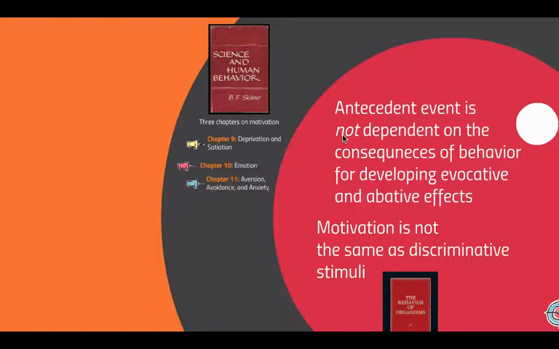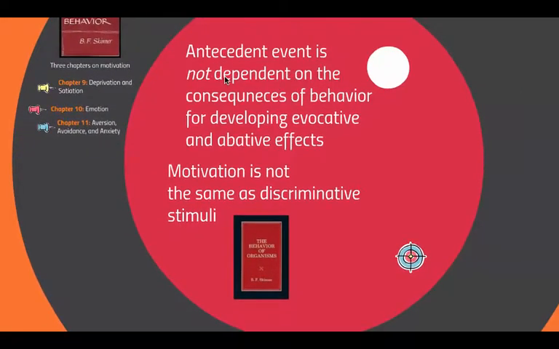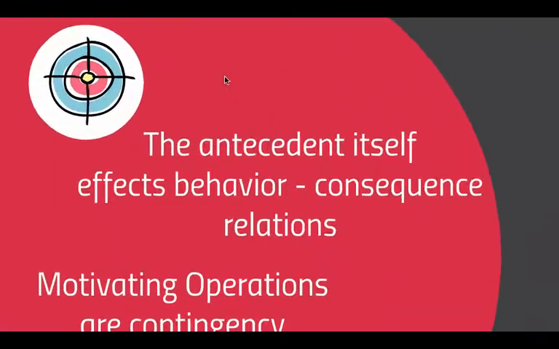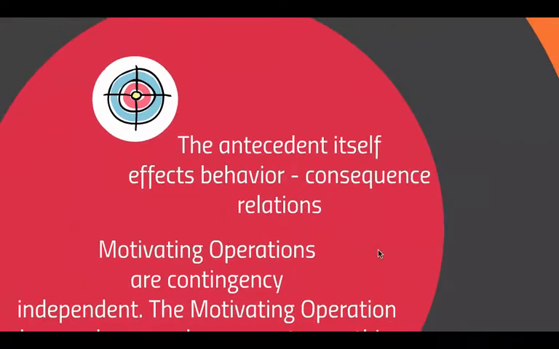One is referred to as deprivation and satiation. It's from chapter 9. In chapter 10, there's a chapter dedicated to emotion. And then in chapter 11, aversion, avoidance, and anxiety, all having to do with motivation. Just a great volume. If you have the opportunity to read it, I encourage you to do so.